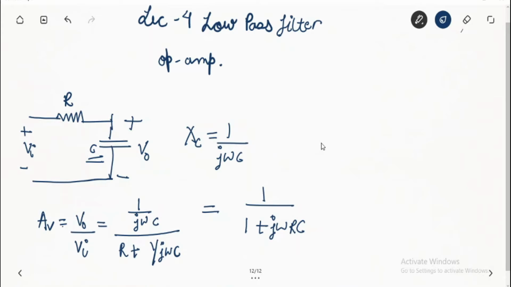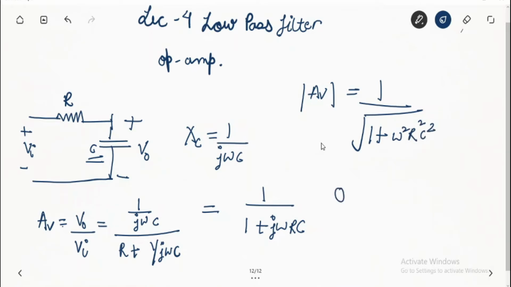AV mod will give me 1 upon root of 1 plus omega square R square C square. This is your gain. And what is phi? Phi is tan inverse of Y by X, where Y is omega RC upon 1. So this is your phi.